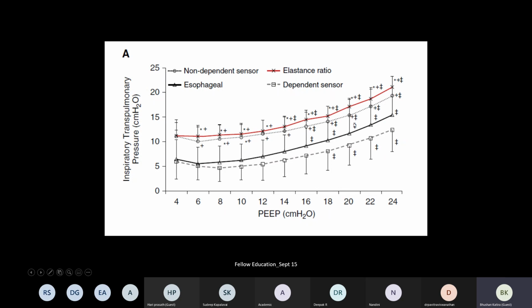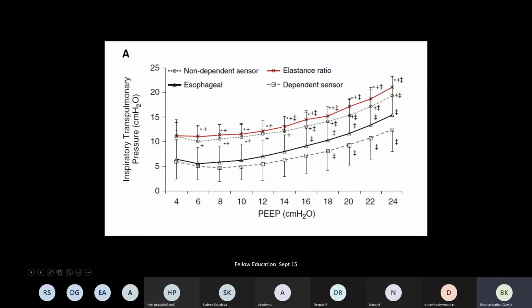Which is to say, now at the bedside, we have an estimate of the inspiratory transpulmonary pressure through mathematical calculation of the non-dependent regions, the ventral regions, and using the esophageal balloon, we have a measurement of the dependent transpulmonary pressure, which is fantastic, because, friends, you have to realize that even this ratio is calculated using esophageal balloon manometry.